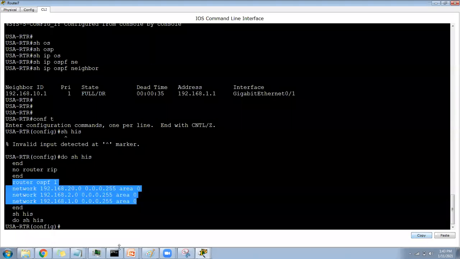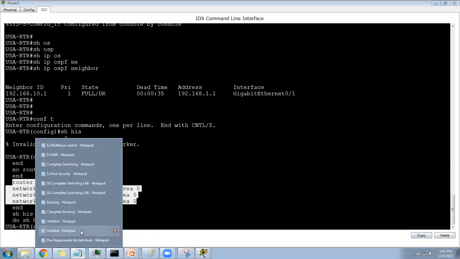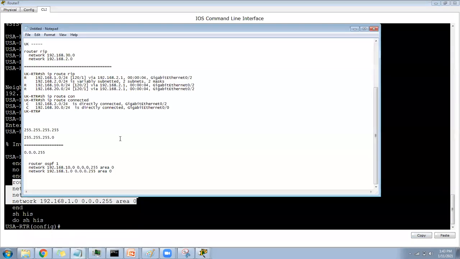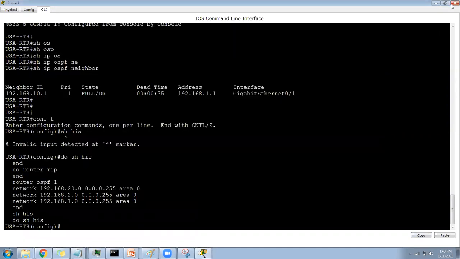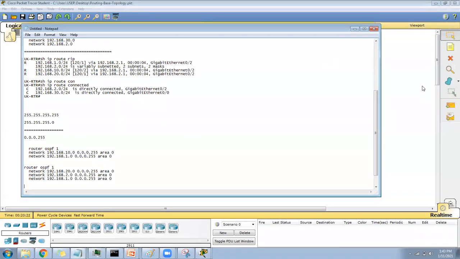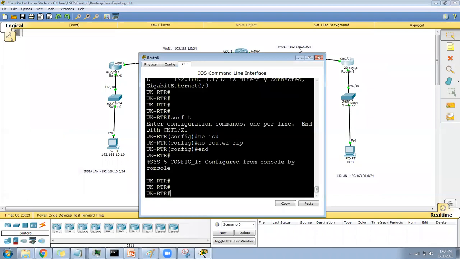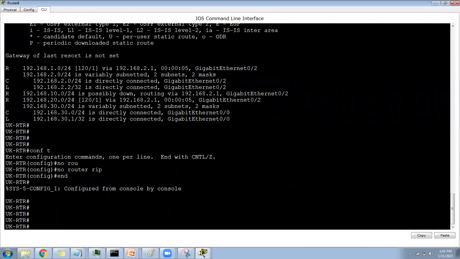See, the configuration for dynamic routing is very simple, but the concept is important.